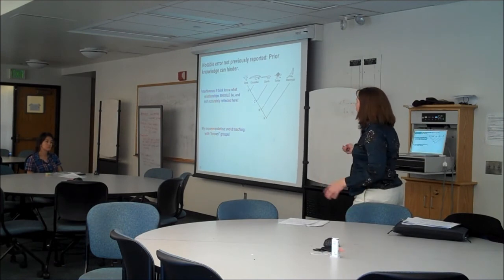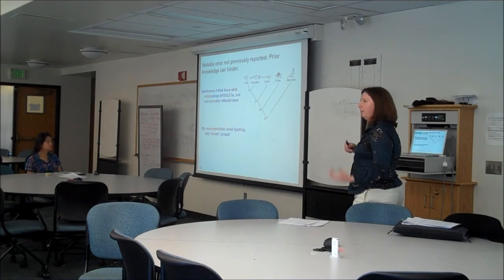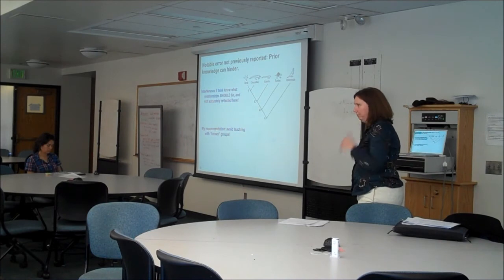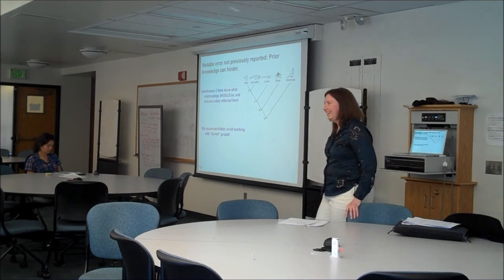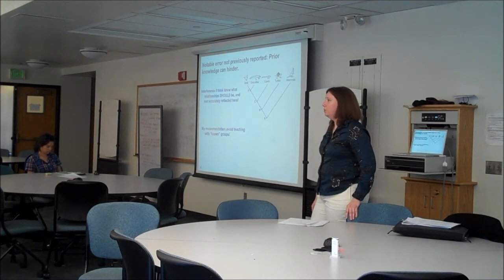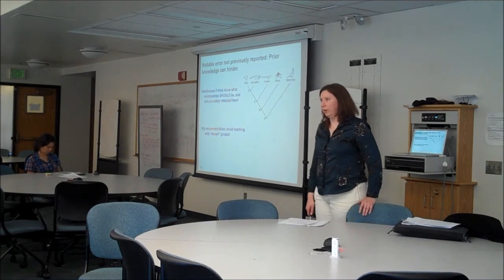They didn't explicitly talk about familiarity being something that interferes, at least not the part I read thoroughly. But that suggestion was made, that it's better to use trees that are not familiar.